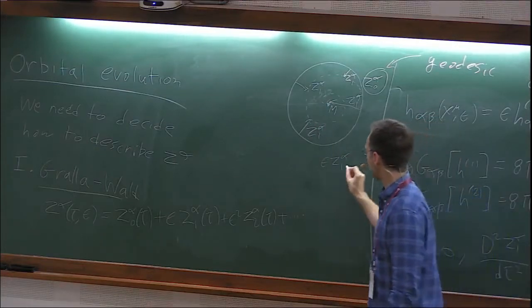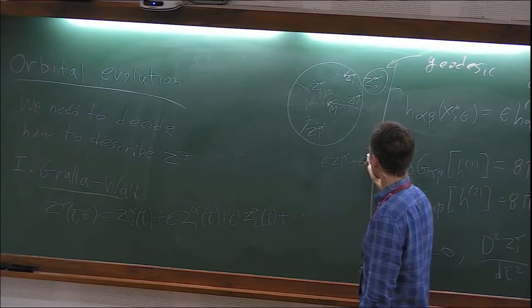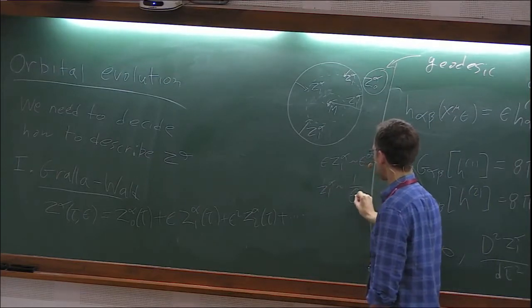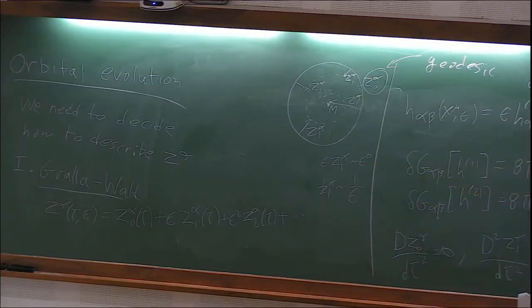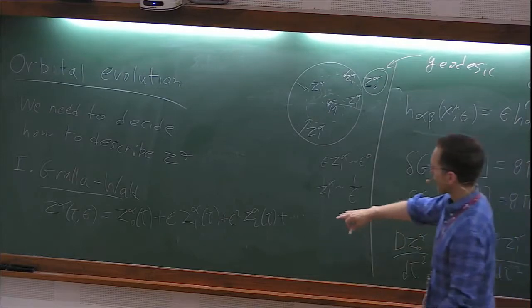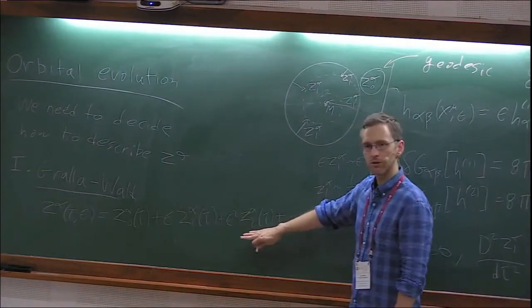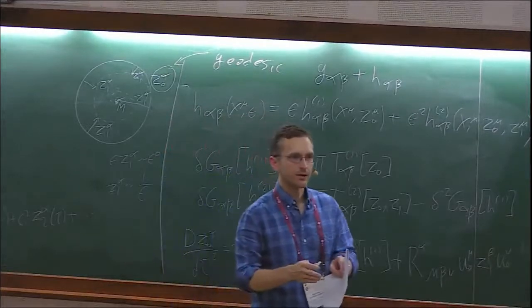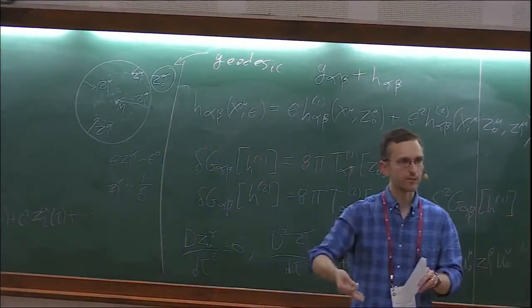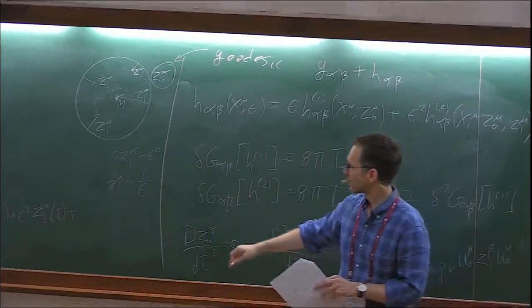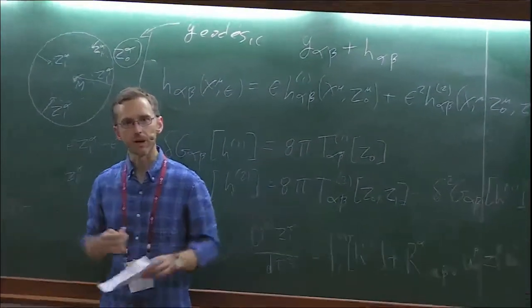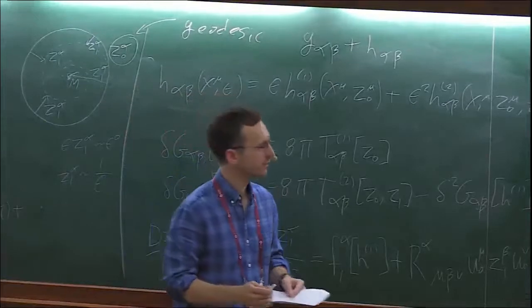So actually Z1 by itself is growing to order 1 over epsilon. So this expansion is only valid on a short timescale. For a timescale that's much, much shorter than the long timescale of the inspiral, 1 over epsilon. So this is an expansion that's designed to work on the orbital timescale, not the full inspiral radiation reaction timescale.